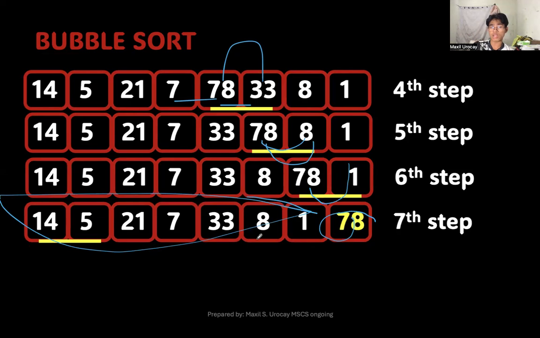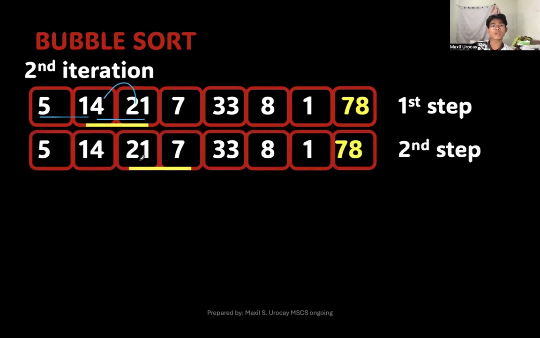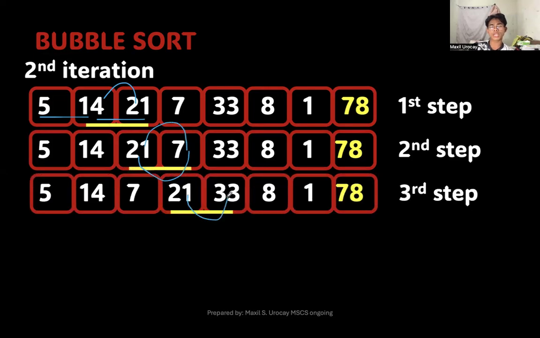In our second iteration, 7 minus 1, that is 6 steps. First, we compare 14 and 5. 14 is greater than 5, so we swap them. Then 14 and 21, there's no need to swap in the second step. 21 and 7, 7 is less, so we swap them. 21 and 33, 33 is in position, no need to swap.